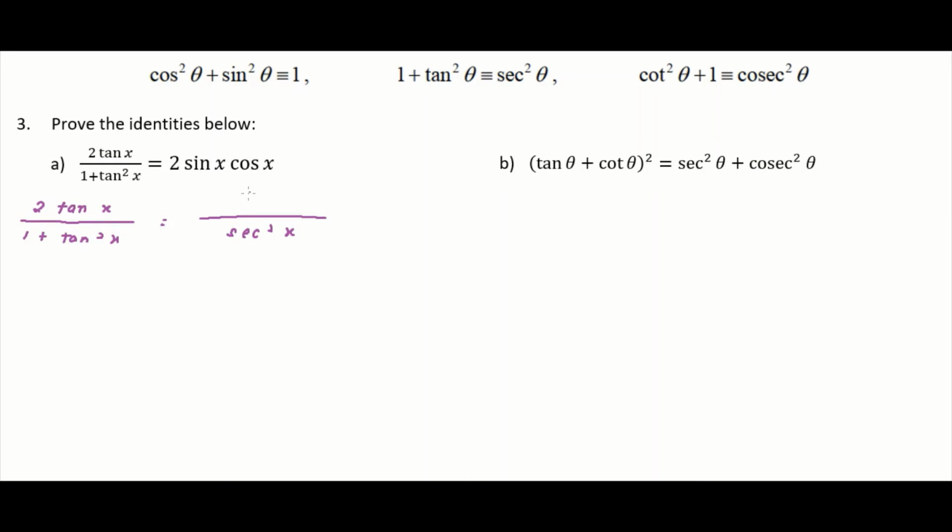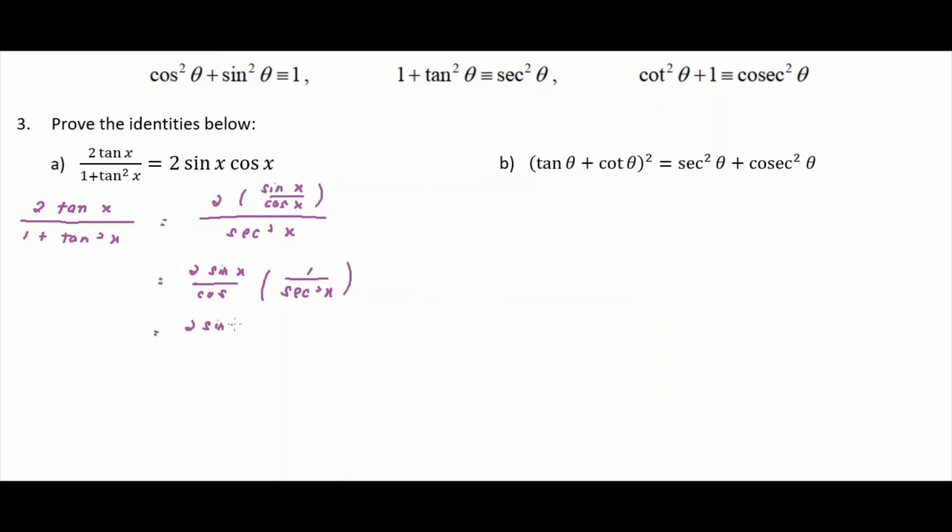Since we have sine and cos, we can change it into sine x over cos x. Now we can try to expand it. 2 sine x over cos x, times 1 over secant square x. Let me do it step by step so you won't feel confused here.